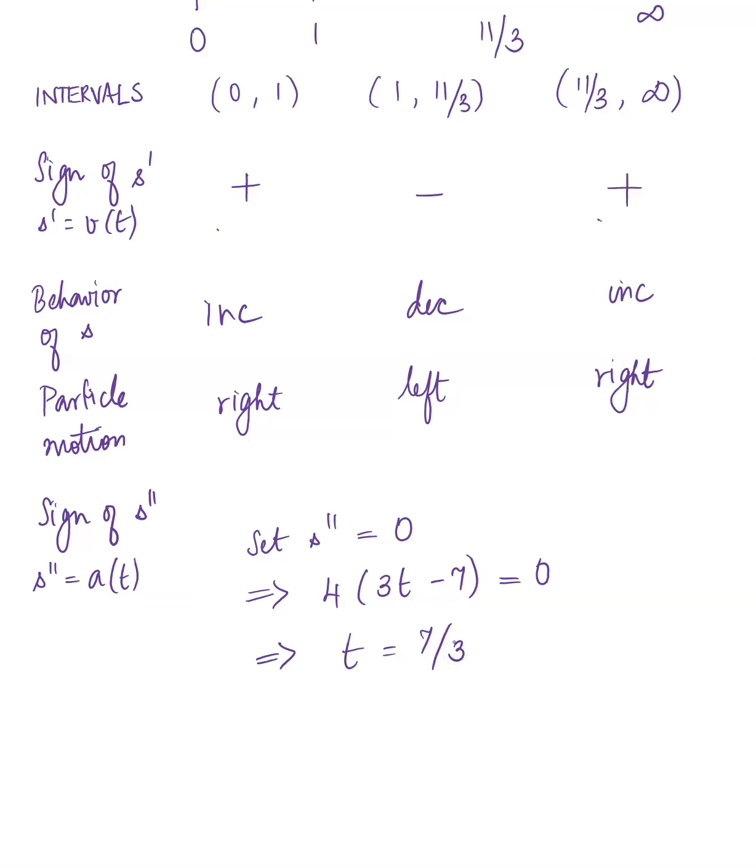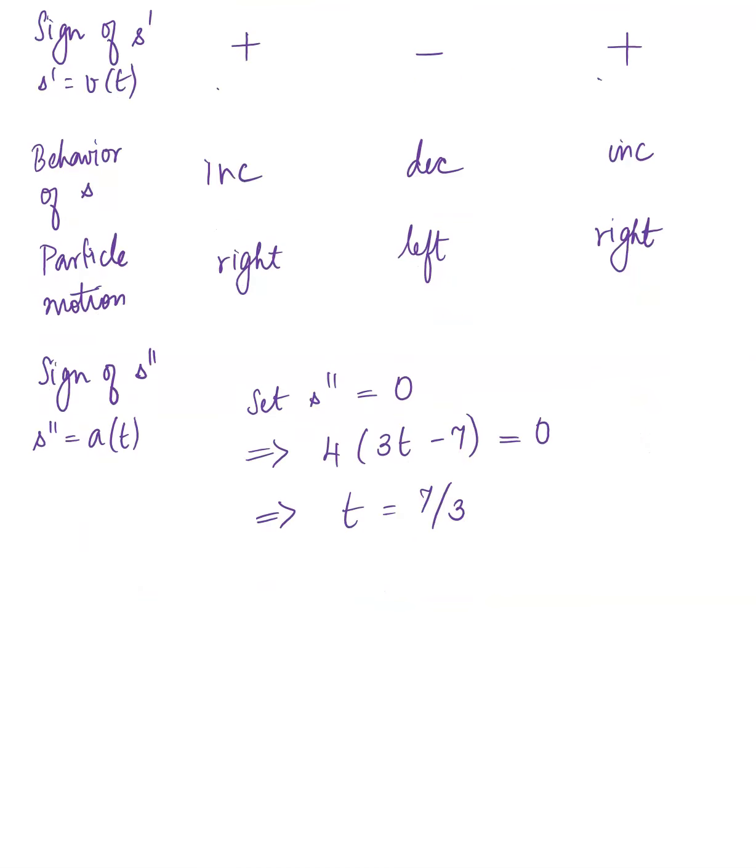So you want to split up your number line to the left of 7 over 3 and to the right of 7 over 3. But here again, I can't go all the way to negative infinity, so I'm going to keep the starting point as 0, because that won't change.